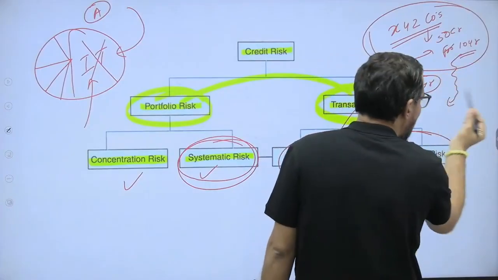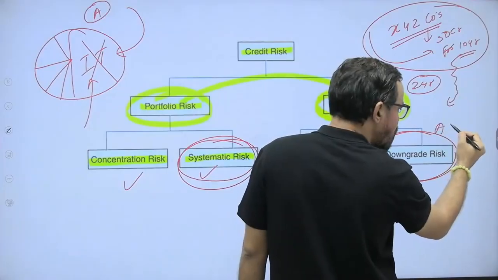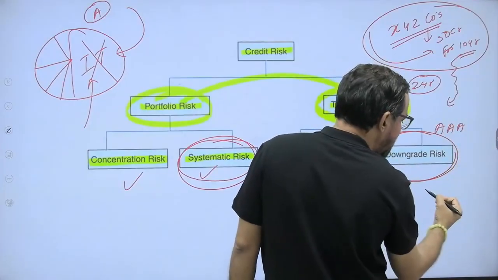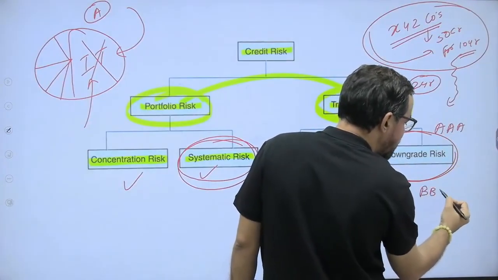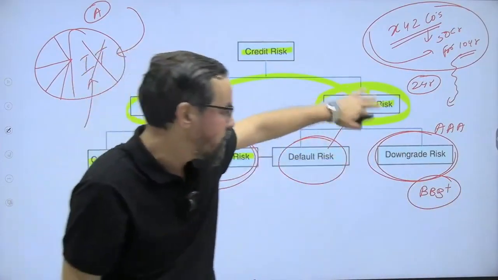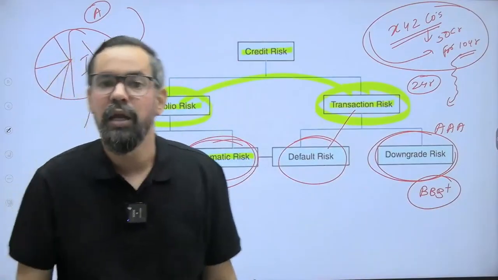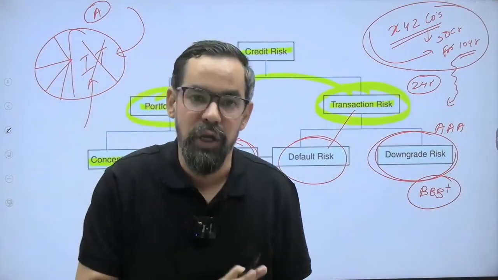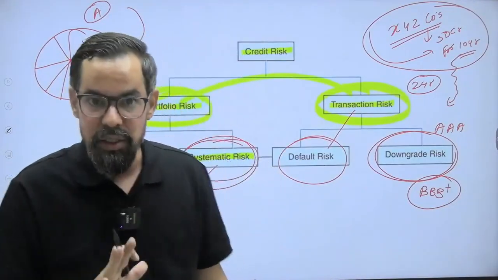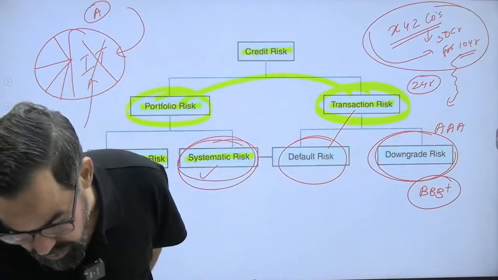So after 2 years, earlier the score was triple A, now it came down to triple B plus. That means the default probability is increasing. These types of risks are known as downgrade risk, which we generally monitor through the alarm mechanism. Okay? So through the loan review mechanism, we generally maintain this.